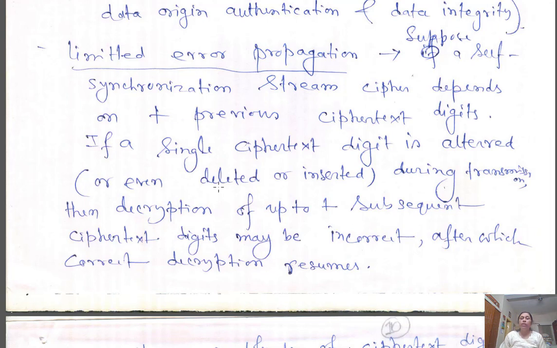So if in a ciphertext string one digit is altered, that error propagates, but this propagation is limited error propagation. Up to T many decryptions will be erroneous. After that, correct decryption will resume.